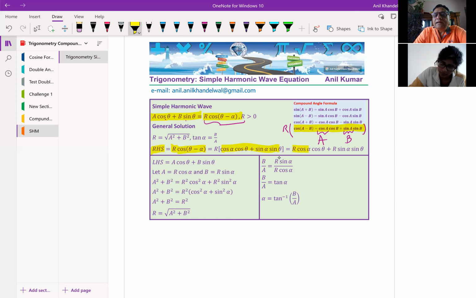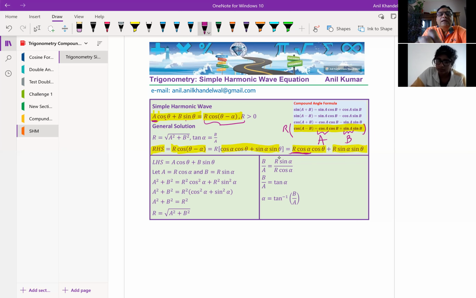Opening the bracket, writing it as R times cos alpha cos theta, R times sin alpha sin theta with addition in between. Now, if you compare this with the equation given to us, the only thing which we figure out is that this A should be equal to R cos alpha, right?